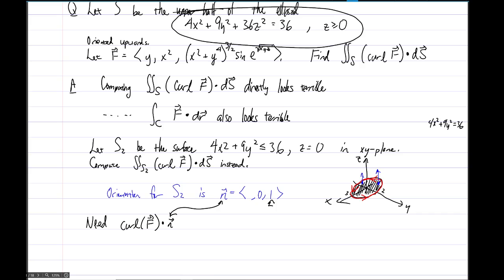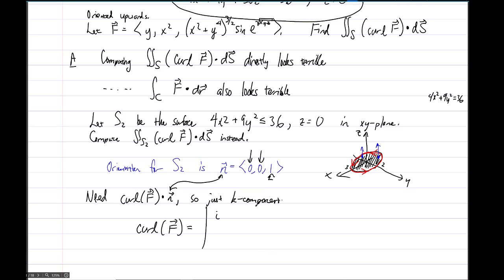Because of those zeros, we end up with just the k component of the curl, so let's not work so hard here. A lot of the stuff is going to be multiplied by 0, which essentially means it goes away.